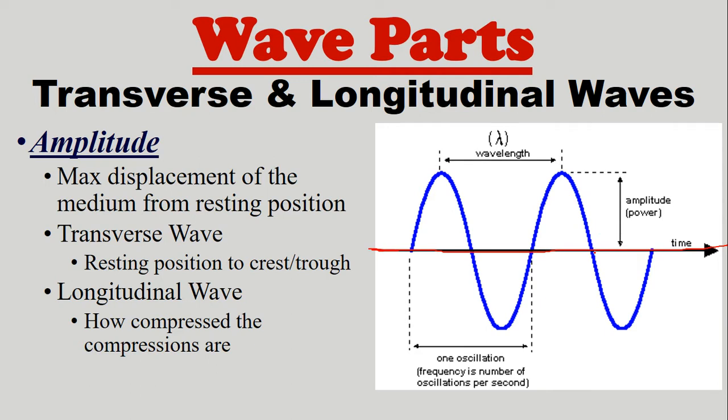You would go from resting position to crest or resting position to trough for the amplitude of a transverse wave, the ones that go up and down. On longitudinal waves, the ones that go back and forth, you're going to look at how compressed the compressions are.